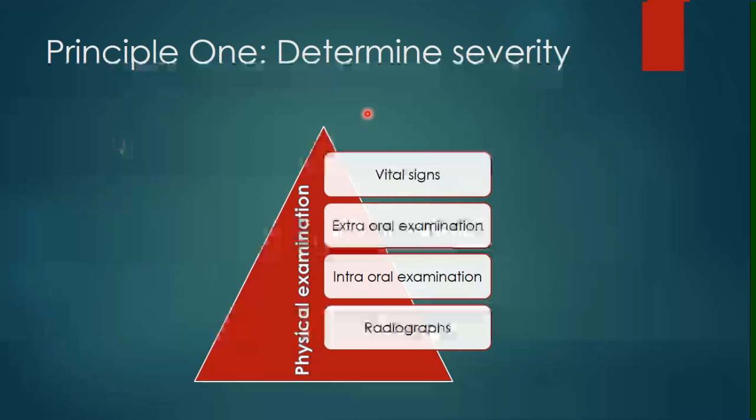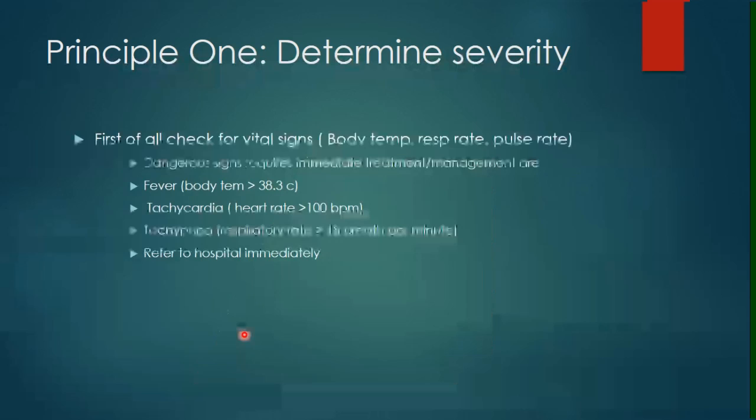So then as we said, the first principle is to determine the severity. We take the history. Now we're going to do the physical examination, which includes the vital signs, extraoral examination, intraoral examination, and radiographs. And we're going to go into further detail.